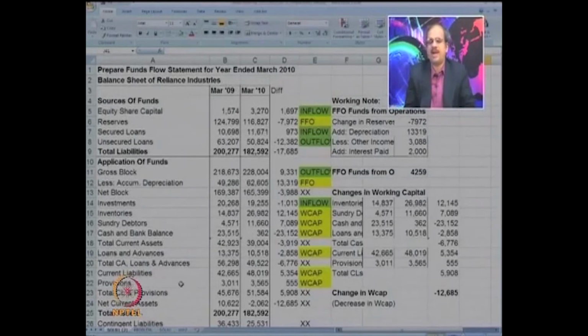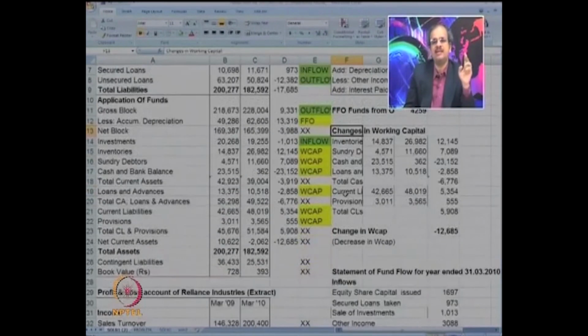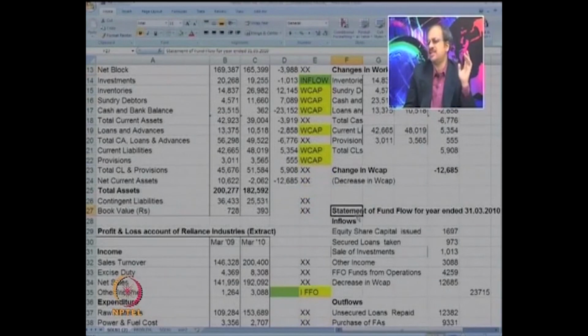Please have a look at the balance sheet again. We were given only the data for 2 years. We first calculated the differences. Then we identified the items as inflows and outflows. Then we made 2 working notes, one on funds from operations and the second on change in working capital, and then we made the final statement, or statement of fund flow.